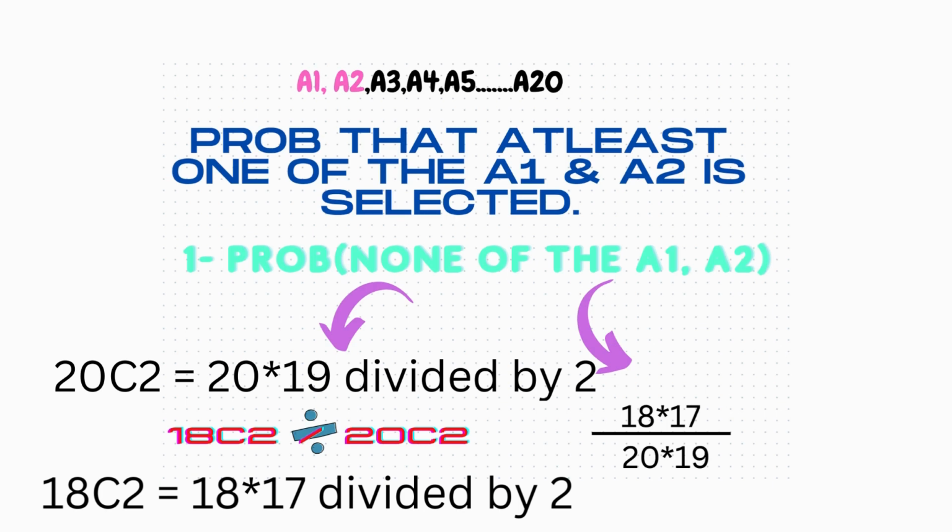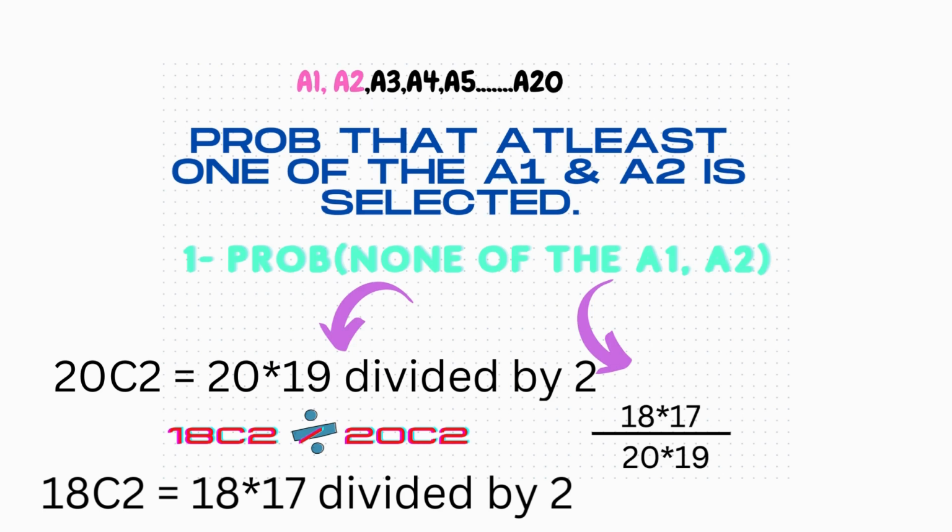Let's say A3 is selected, so you're still left with A4 to A20. I mean, A4 could have been selected, but it doesn't matter. Once one object is selected out of these 18, you are left with just 17. So 17 divided by the total objects left to choose from, which are 19. So 17 divided by 19 is the probability of picking the other object.